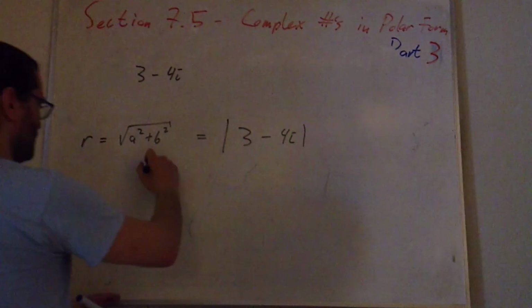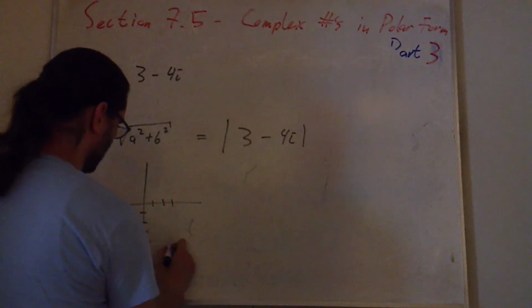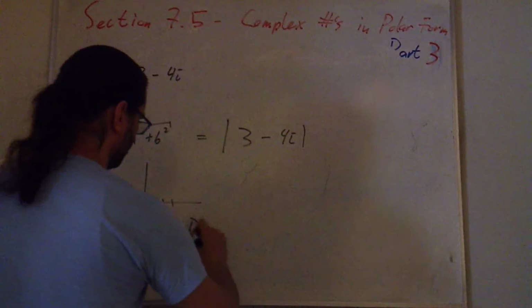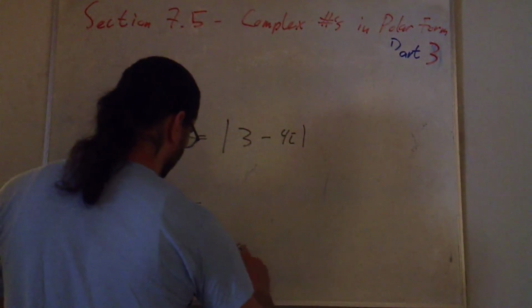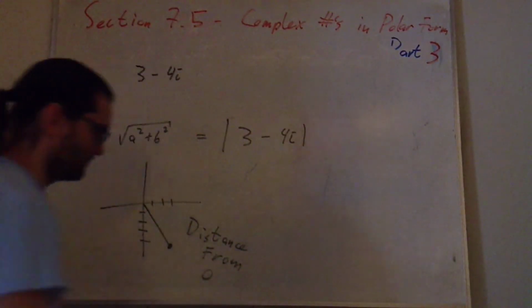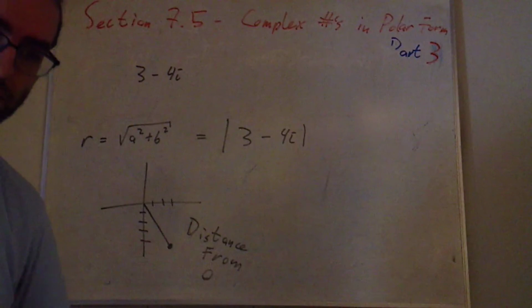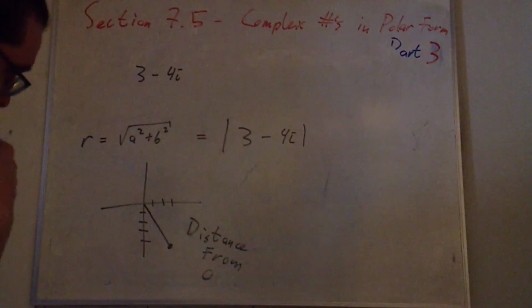An absolute value means distance from 0. That's what absolute value has always meant on the real number line. That's why it makes things positive, because distance is always positive.